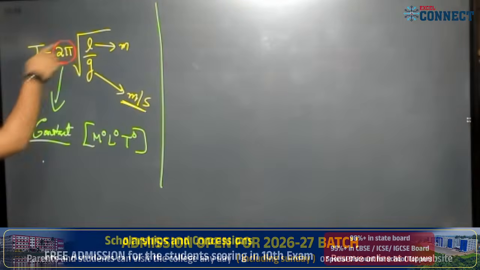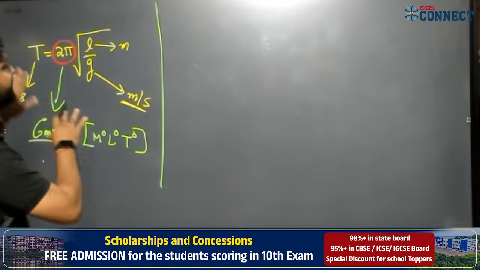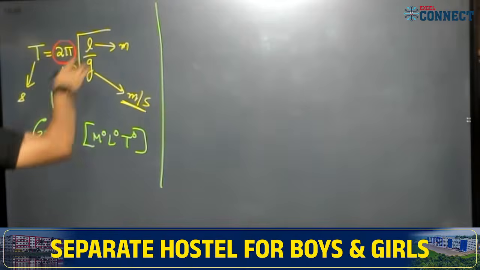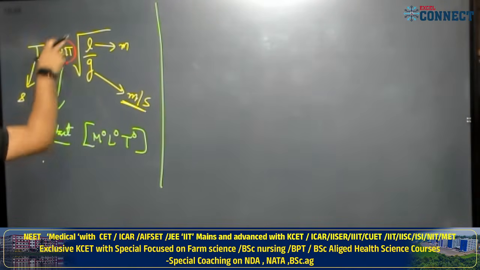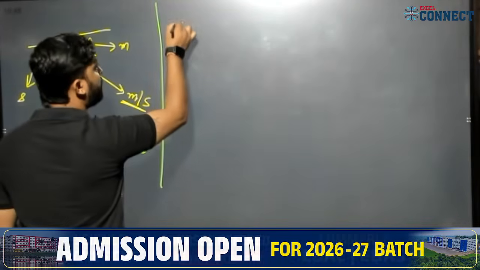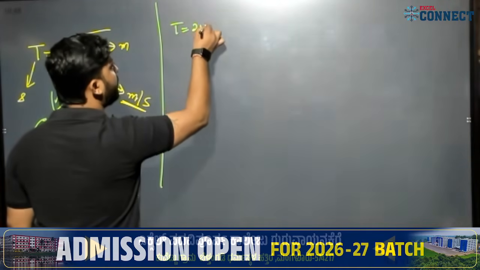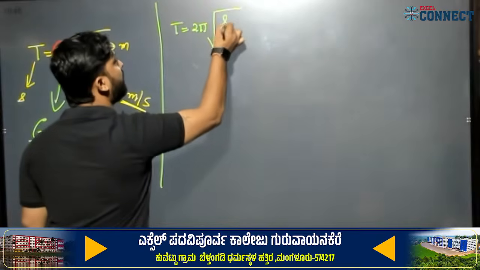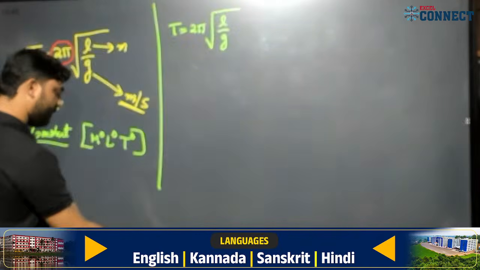T is equal to 2 pi root L by G. Now let us rearrange this formula. We need G, so let us square both sides. T is equal to 2 pi root L by G. Right? This is the main formula.